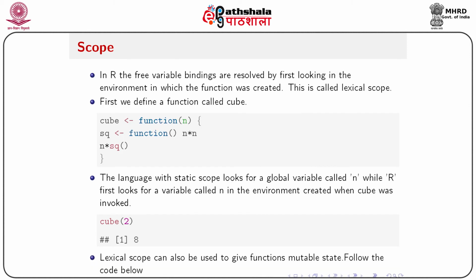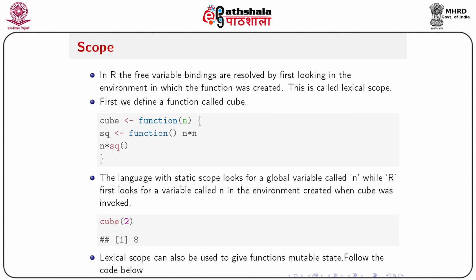The last one in this module is the scope. In R, the free variable bindings are resolved by first looking in the environment in which the function was created. This is called lexical scope.